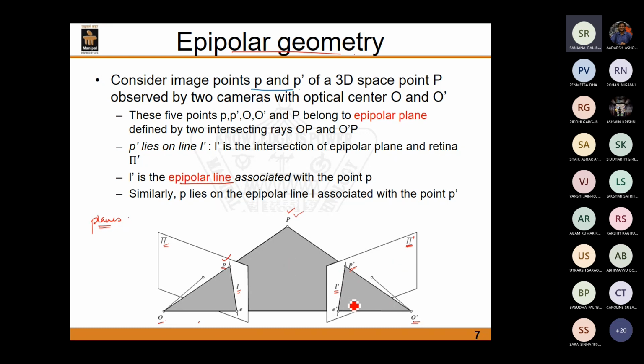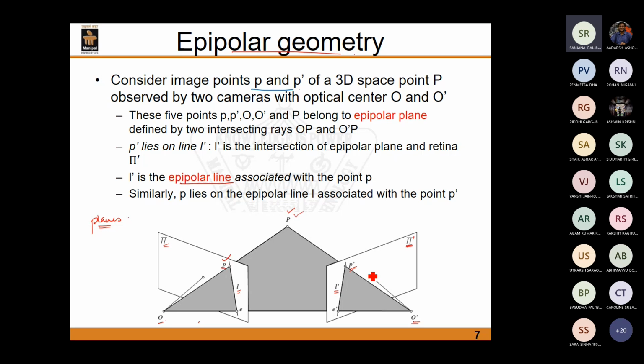If we are not using epipolar geometry, then when searching for p dash, we do not know where exactly it is within the image plane. So you may have to scan the whole image plane in order to find out where exactly p dash is.